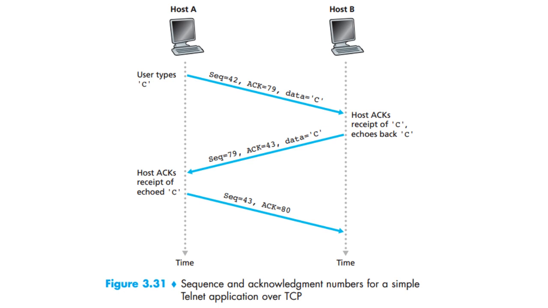This segment has 80 in the acknowledgement number field because the client has received the stream of bytes up through byte sequence number 79 and is now waiting for byte 80 onward. You might think it odd that this segment also has a sequence number since the segment contains no data, but because TCP has a sequence number field, the segment needs to have some sequence number.